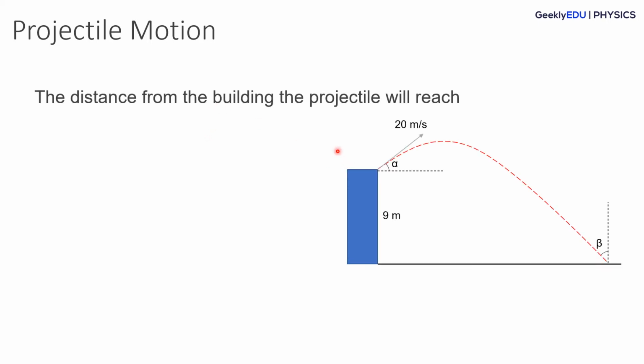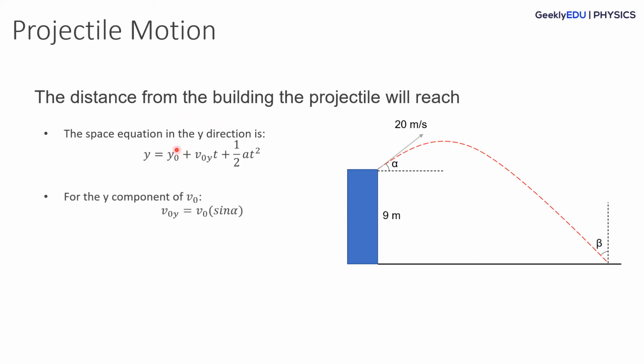To calculate this distance, we need first to find how much time the projectile takes to stop its motion, to reach the ground here. We can do it by using the space equation in the y direction, the vertical direction. We know that it's an accelerated motion, so we use this expression here.